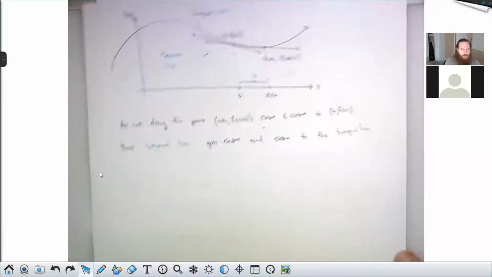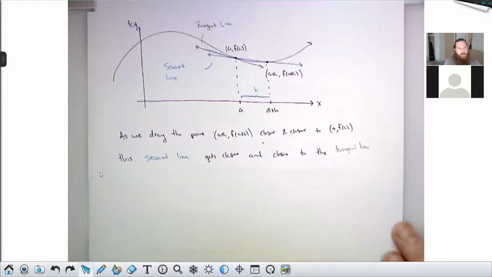In your notes, you can omit the tangent line here. You have the tangent line from the last graph, so it would be easier to read your notes if you just left that off entirely. But I want to illustrate for you that as I drag this point closer and closer along the graph over to this point, the light blue secant line turns into the pencil tangent line, turns into the tangent line from the previous page.